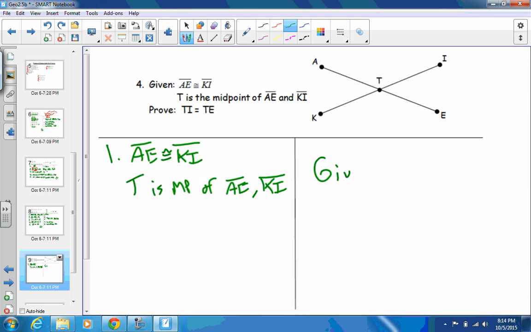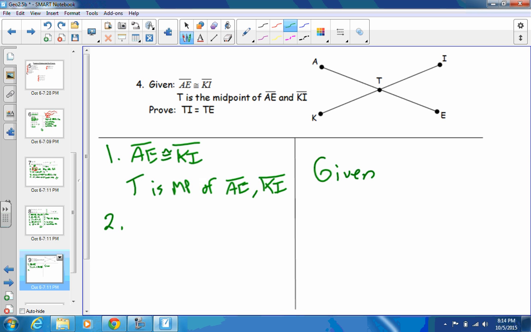That's what we're given. All right, let's see what else we can do. We're trying to prove that segment TI is congruent to segment TE.